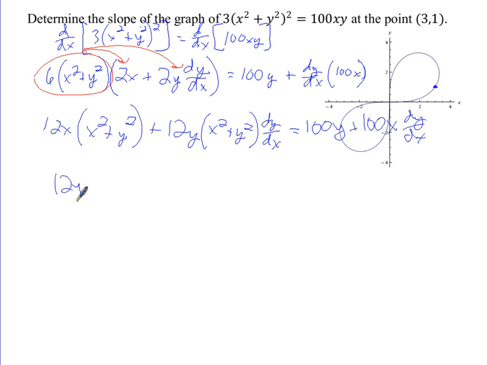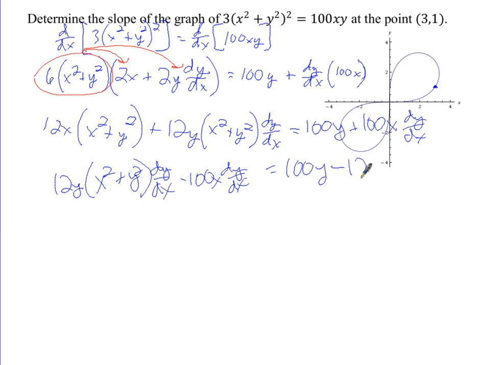So that makes 12y parentheses x squared plus y squared dy over dx. I'm moving this guy over, so minus 100x dy over dx equals 100y minus 12x, x squared plus y squared. I factor out the dy over dx.